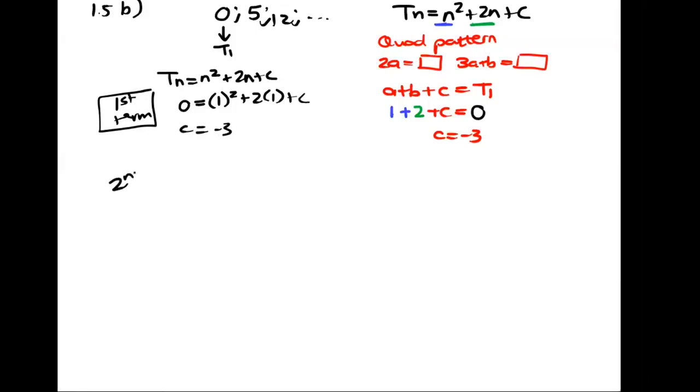Or you could have said my second term. So my second term is 5. 2 squared plus 2 times 2, and again, you would get c is -3. So a few different methods you can use in order to find that missing part of our formula. Questions there, please ask. Ask if you've got any questions.